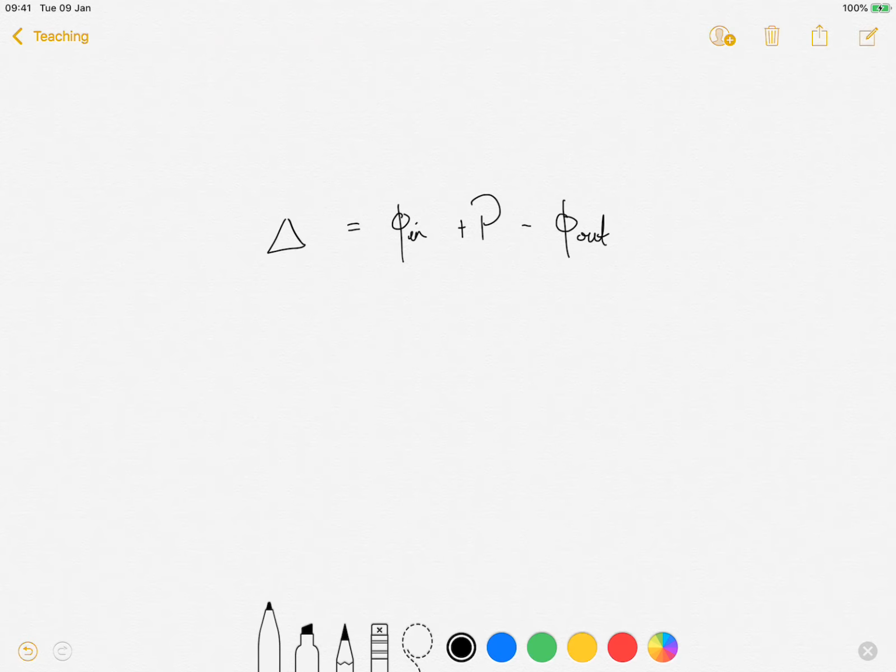minus whatever comes out. So I've drawn that up here, and we can say that the delta, or the change in the system state, is equal to whatever comes in, phi of n, plus the production term, minus whatever goes out. So that is what is causing the change in the system state.